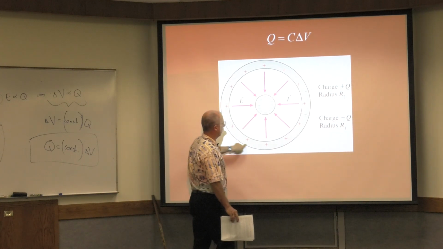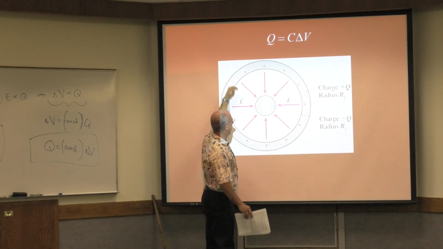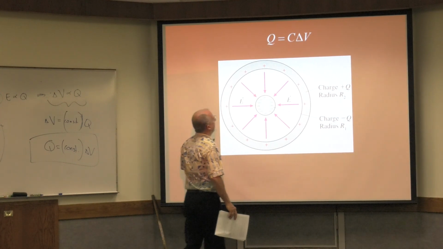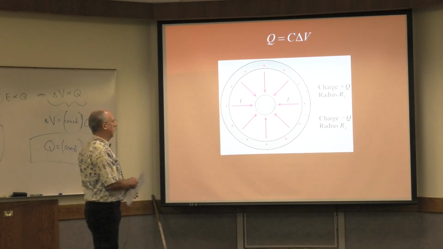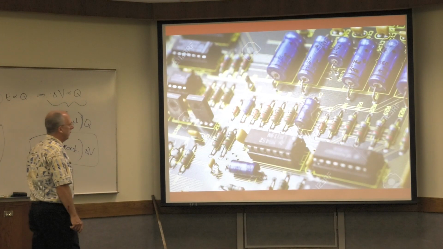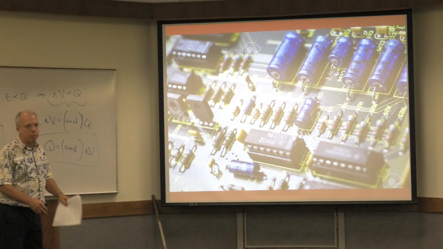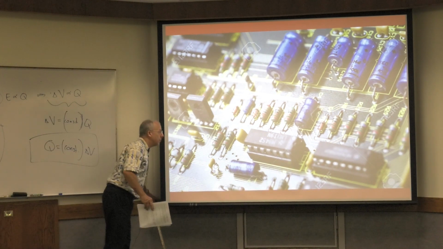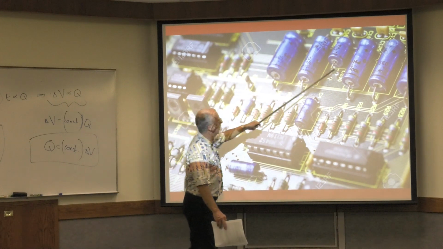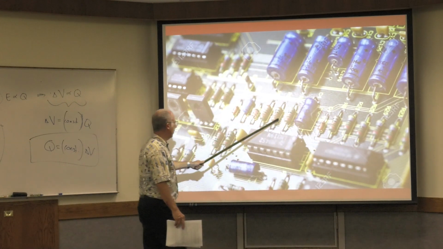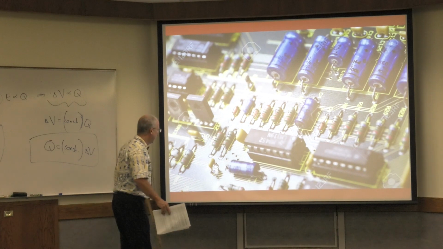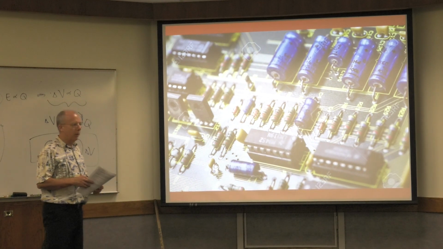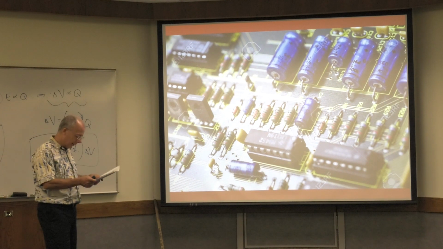You have this charge plus, this charge minus, E fields go like that, and you have equipotential circles. If you look at any circuit board, you see gobs and gobs of capacitors. See these blue things? These are capacitors. These are resistors, we'll learn about these as well. Take anything apart that has electronics in it, and you see lots and lots of capacitors.